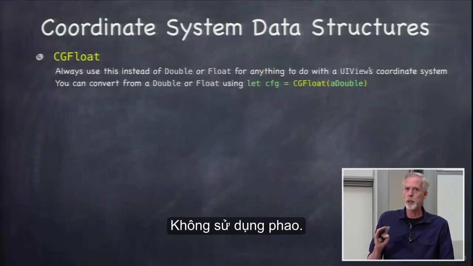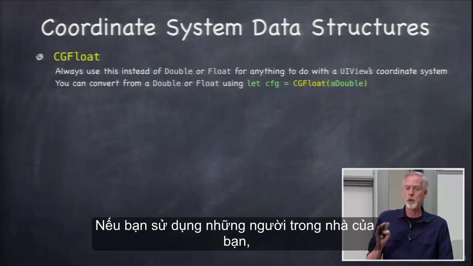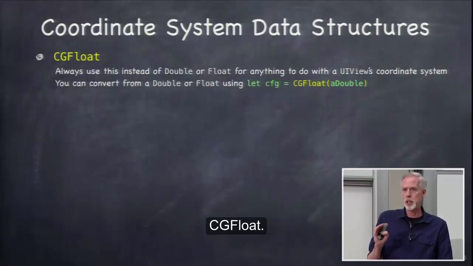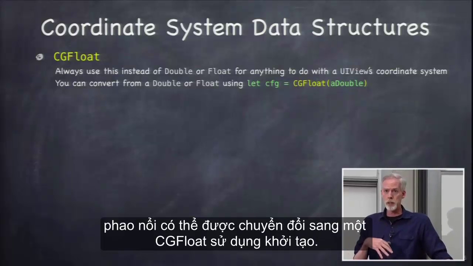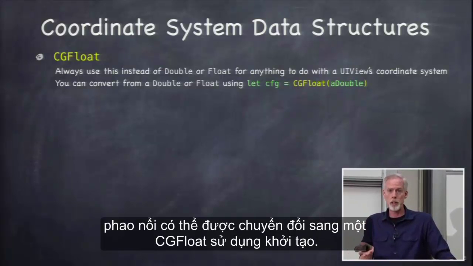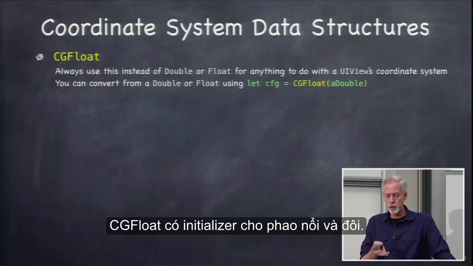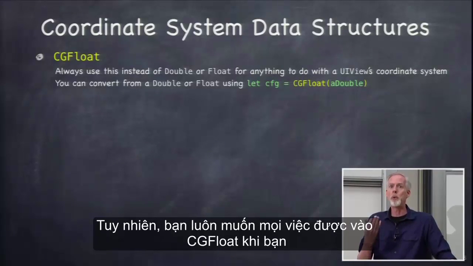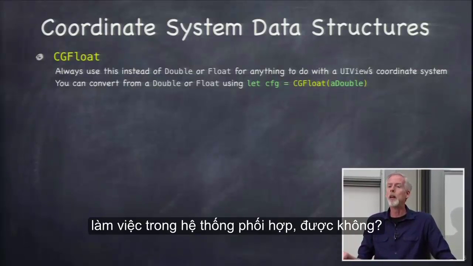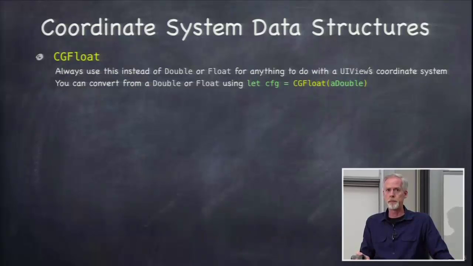Do not use Double, do not use Float. If you use those in your homework, you're going to get dinged, okay? CGFloat. Now, Doubles and Floats can be converted to a CGFloat using the initializer. CGFloat has initializers for Floats and Doubles that you can pass and turn it into a CGFloat. But you always want things to be CGFloats when you're working in the coordinate system, okay?